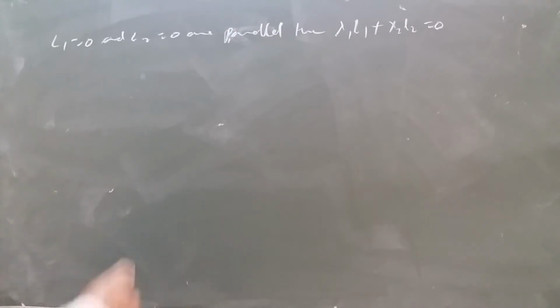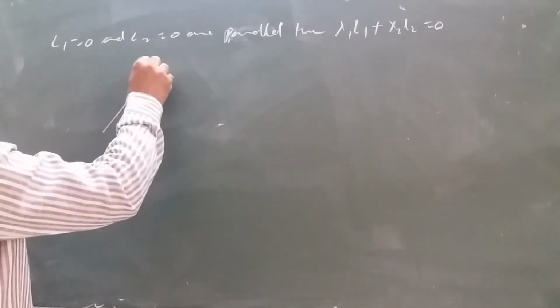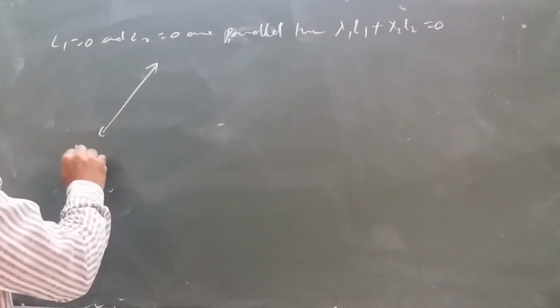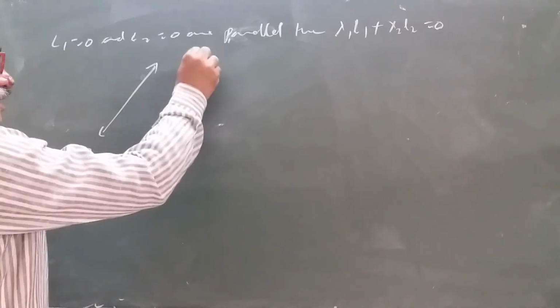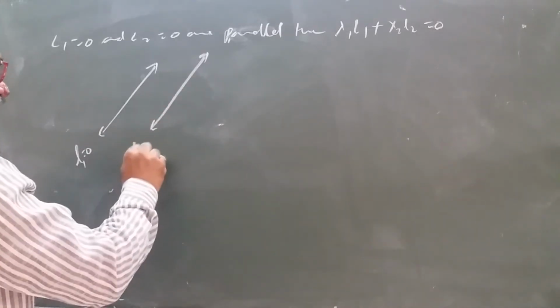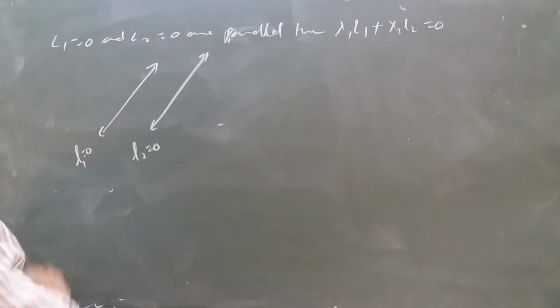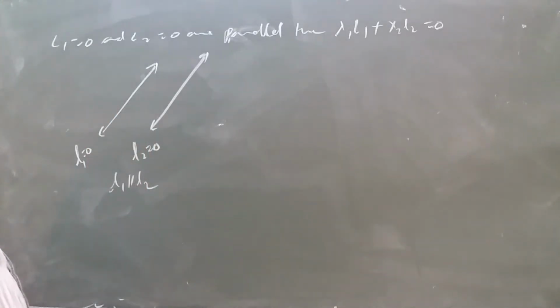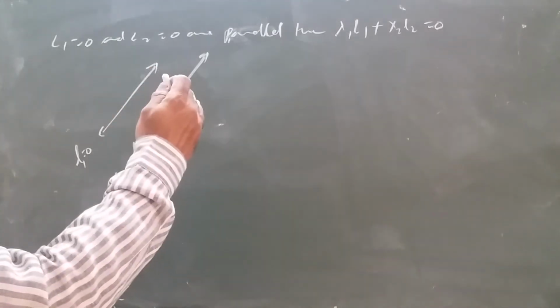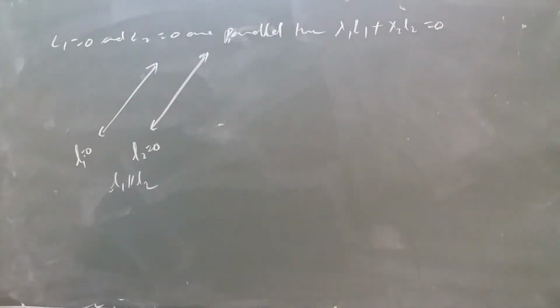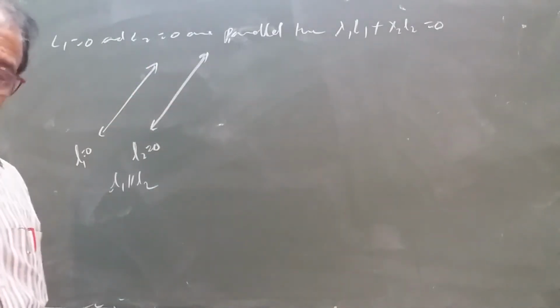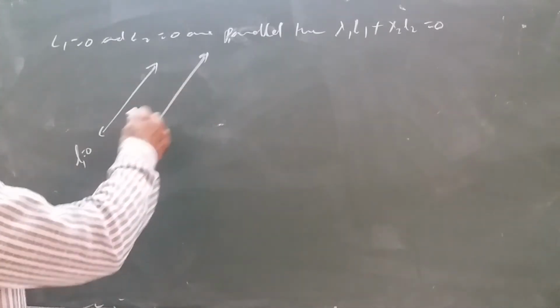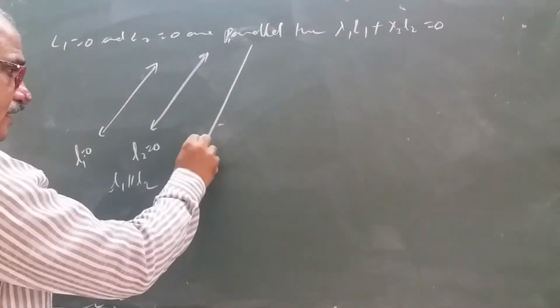At this point, if L1 is a straight line and L2 is another straight line, and these two are parallel, then lambda 1 L1 plus lambda 2 L2 is a straight line which is parallel to these two straight lines.